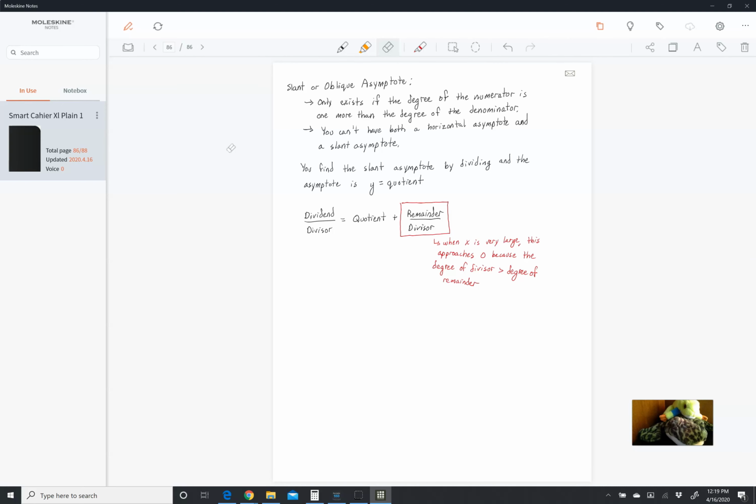So quotient plus 0 is just the quotient.